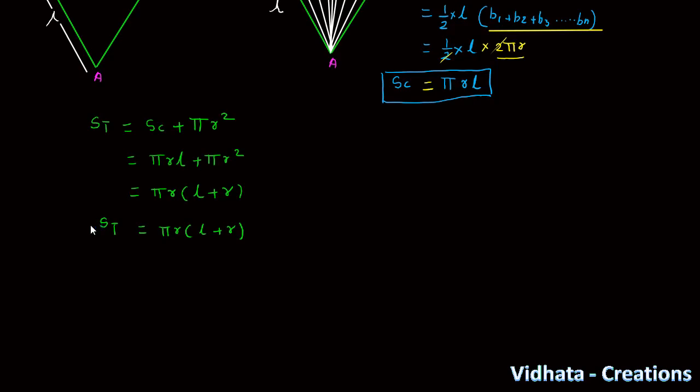Now, let us see how to calculate the volume of a cone. In previous examples, you know how we calculated the volume of a cube, a rectangular parallelepiped, and a right circular cylinder. In those cases, to find the volume, we used the formula area of base multiplied by height.